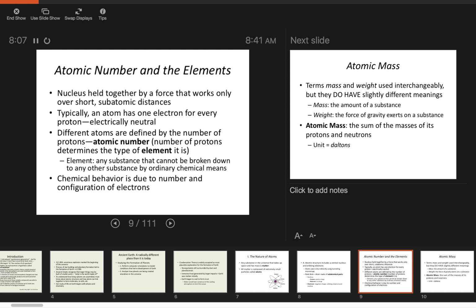All right, so the nucleus is held together by a force that works only over short subatomic distances. You may remember magnets, okay? Opposites attract and like charges repel. So if I have a bunch of protons in my nucleus, protons have what kind of charge? Positive. Well, how come the protons stick together if they're all positive?